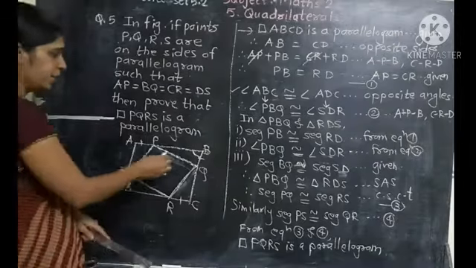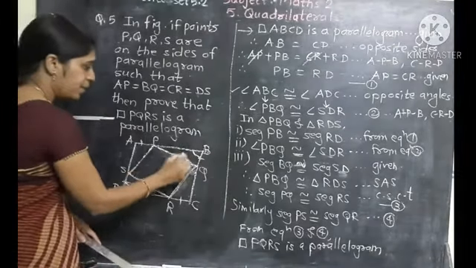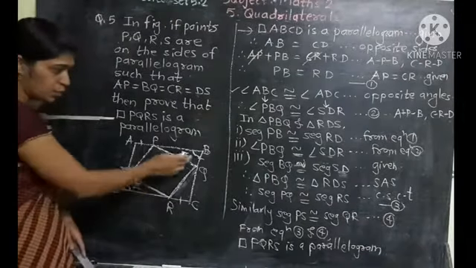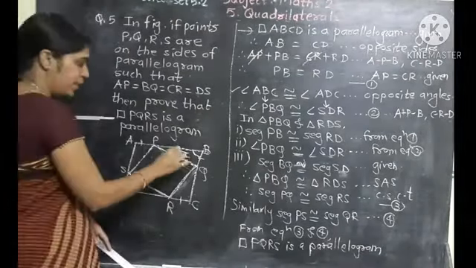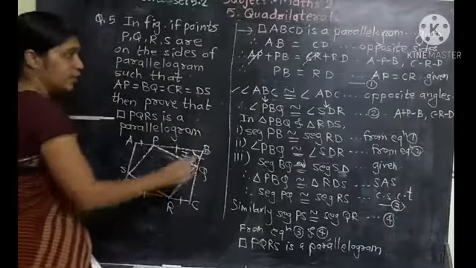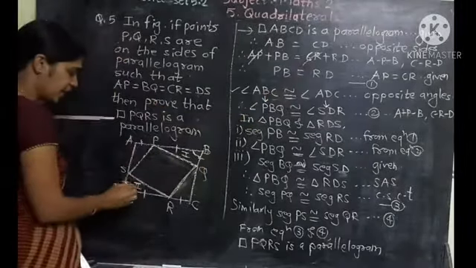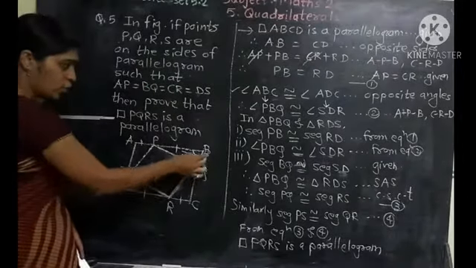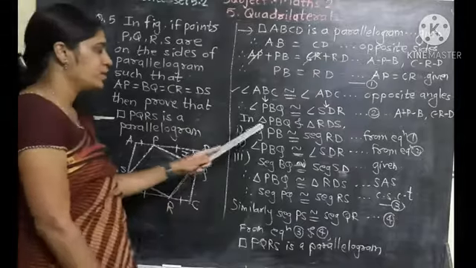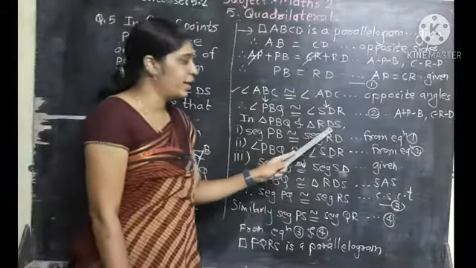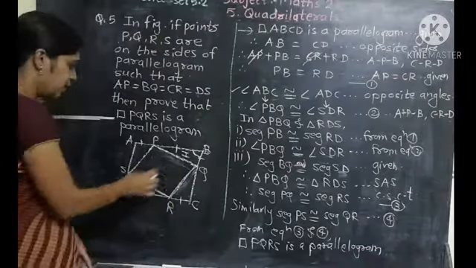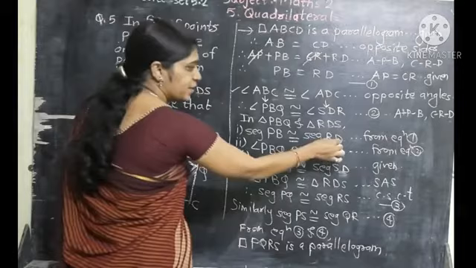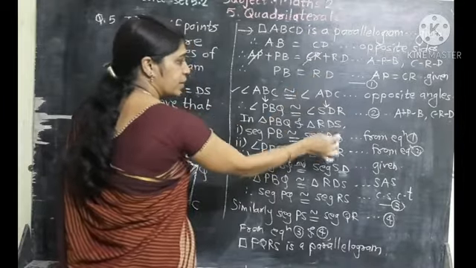Now you see triangle PBQ and triangle RDS. See these two triangles. In triangle PBQ and triangle RDS, PB is congruent to DR from equation number 1.